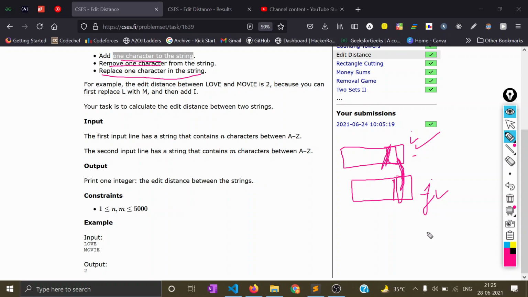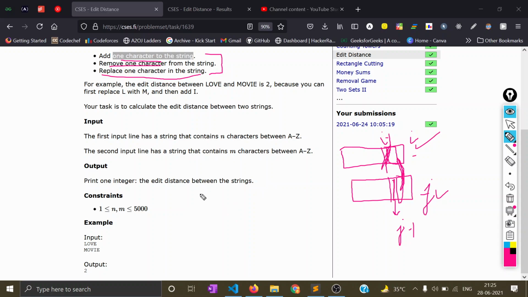These are the three possibilities when I have i and j and they are not equal. Else, if they are equal, we would just move to i minus 1, j minus 1, and we are satisfied. But if these are not equal, then we would do any one of these three operations in such a way that we minimize the number of operations.